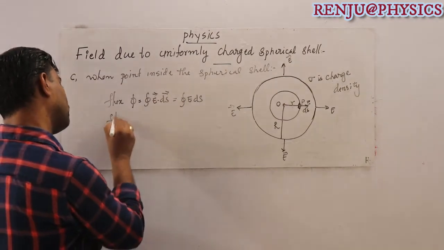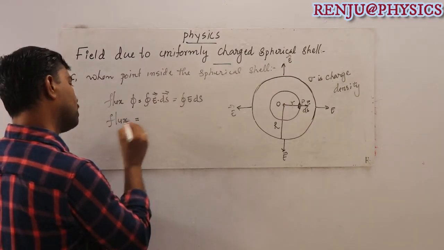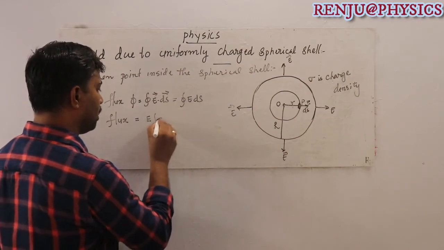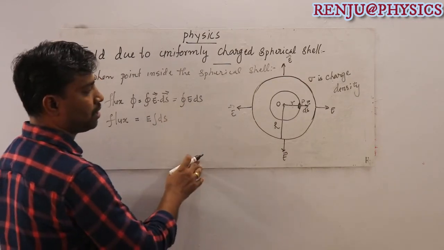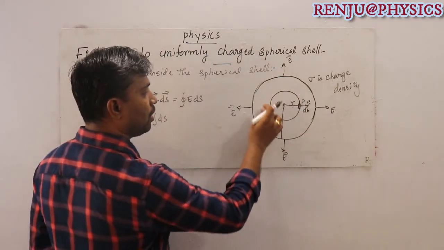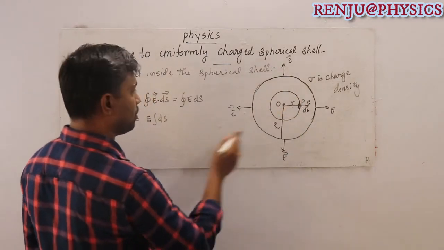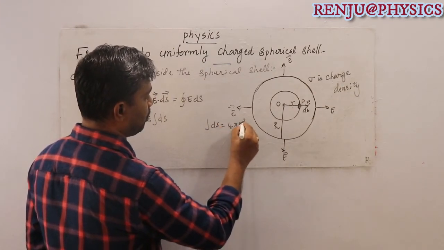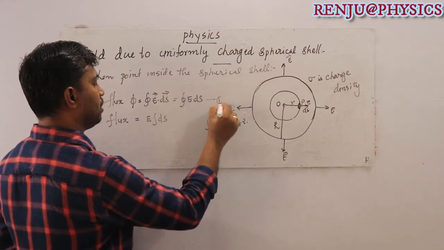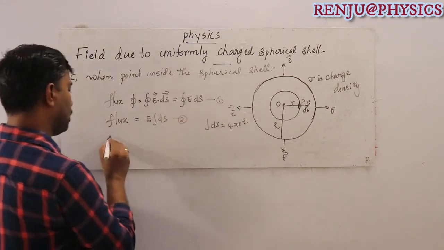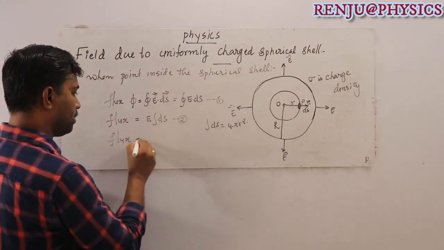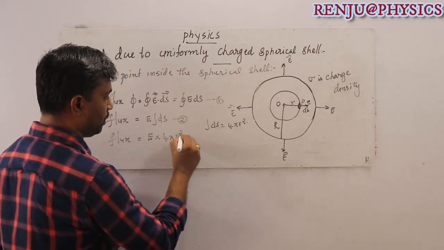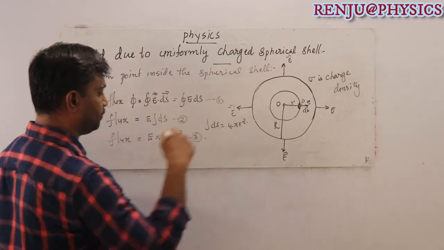So the flux through the Gaussian surface is given by phi equal to E, we can take it outside, so E integral ds. So ds is the area of the Gaussian surface, r is the radius, so integral ds is 4 pi r square. So this equation 2 changes to phi equal to E into 4 pi r square. That is equation number 3.